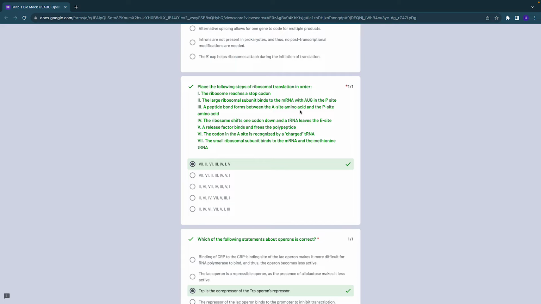So it's essentially like we're passing on that polypeptide we're building. After that, the ribosome shifts one codon down, tRNA leaves the E site, and that just keeps on occurring until the ribosome reaches a stop codon, in which case a release factor is going to help free everything.